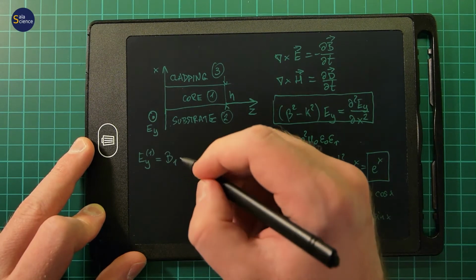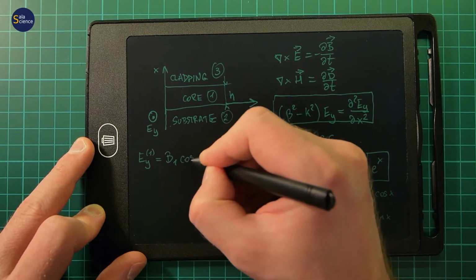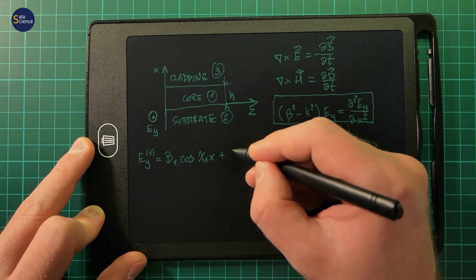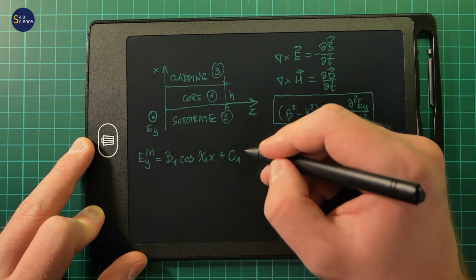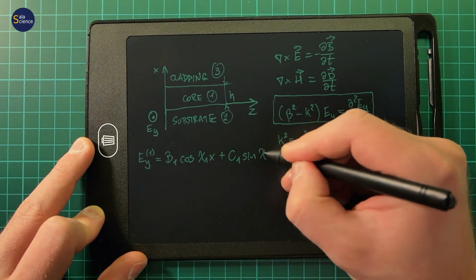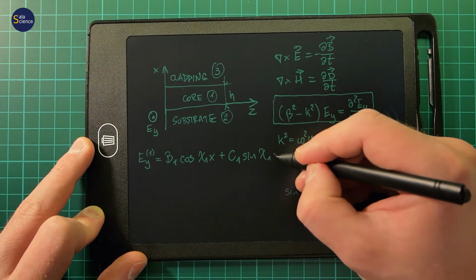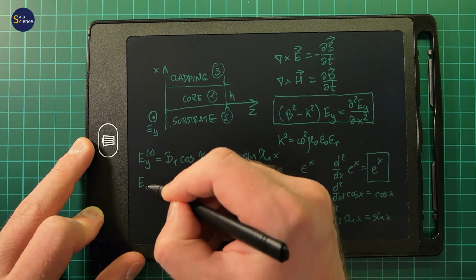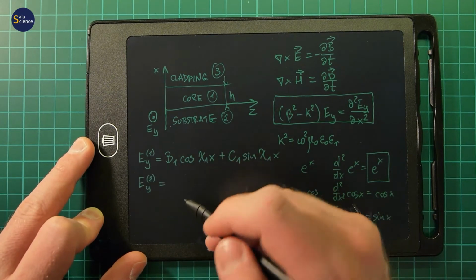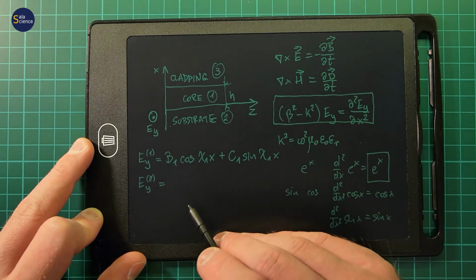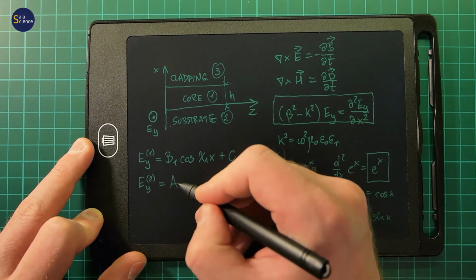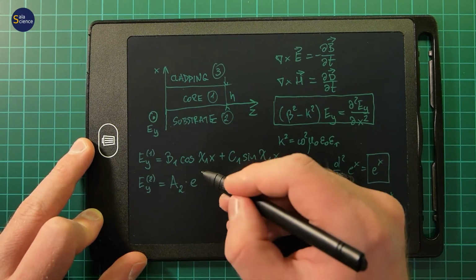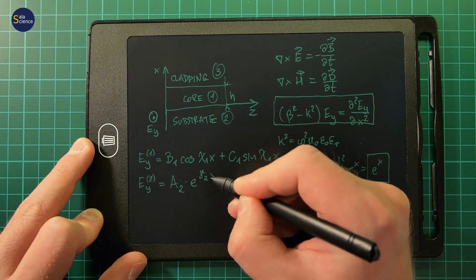Let's say b1, some constant, cosine chi1 x plus, let's say c1, some other constant, sine chi1 x. And this is in the core. In a second region, so it is in the substrate, we can guess that it is some a2 times e to the power of gamma 2 x.